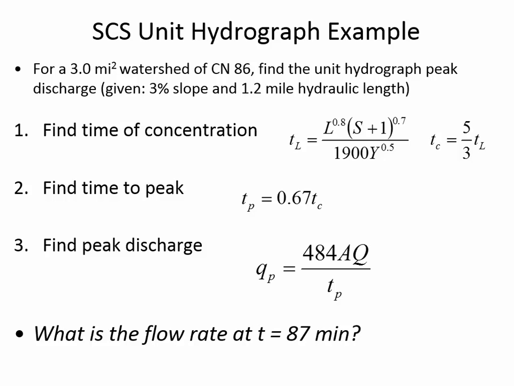And what that tells us is that Q sub P is going to be 1992 cubic feet per second per inch of rainfall excess.